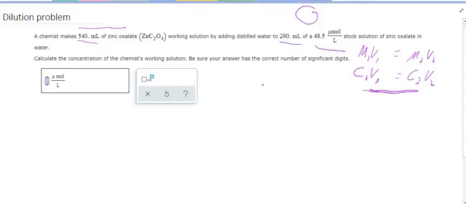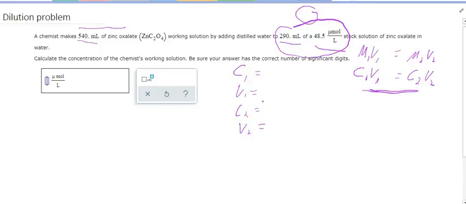Generally, dilution problems are pretty easy. You just have to make sure you assign the C1V1 and the C2V2 correctly. So I always just write down this: C1 equals, V1 equals, C2 equals, V2 equals. I'm going to take this right here, and that's going to be my C1 and my V1.